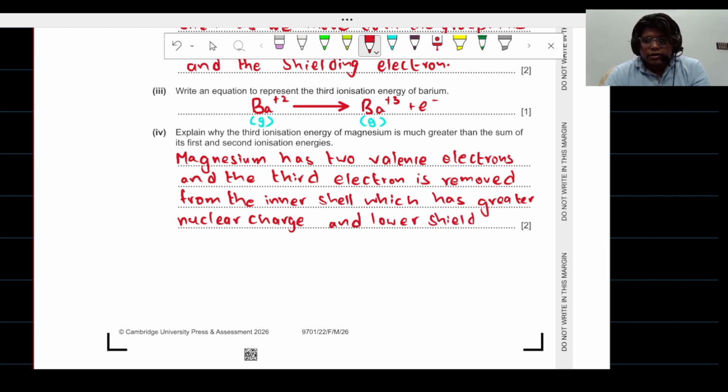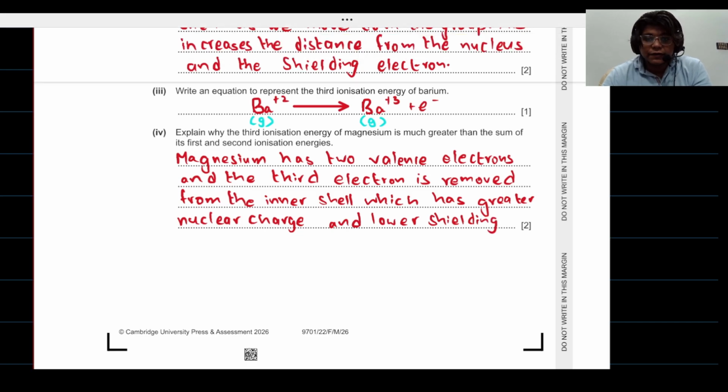That's why the third ionization energy will be greater than the two summed, right?